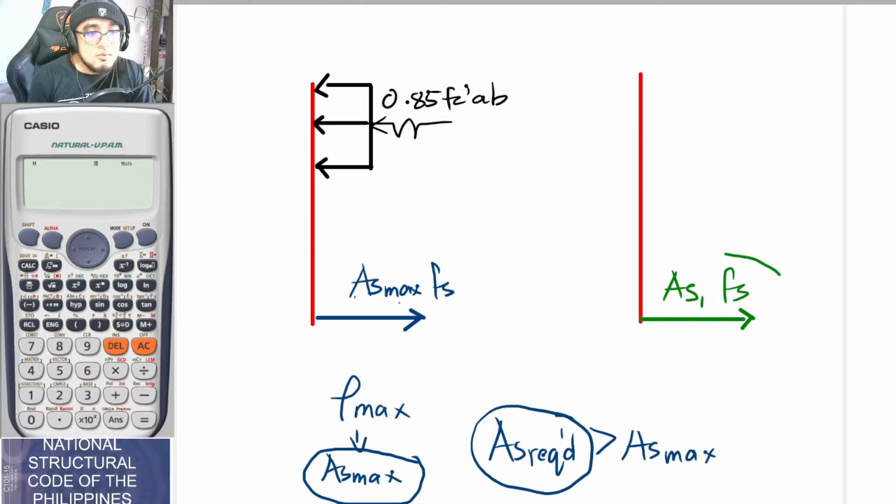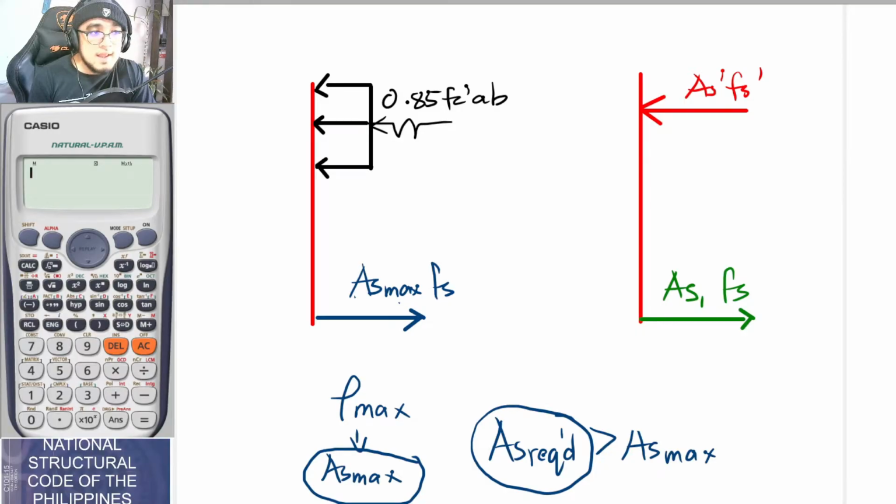Okay, and since we would be adding this AS1 FS to maintain equilibrium, we would now be adding another AS here. So let's say that it is to be this. And this force right here is to be the compressive force as brought about by your compression reinforcement. And that is to be your AS prime, FS prime.